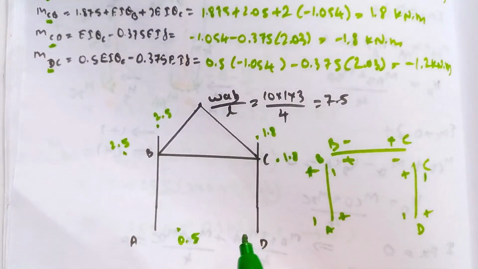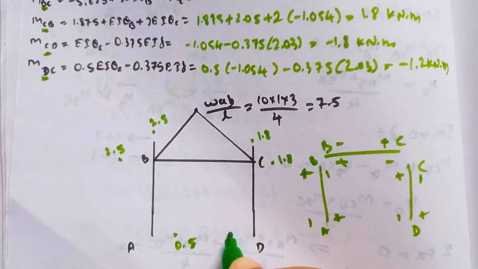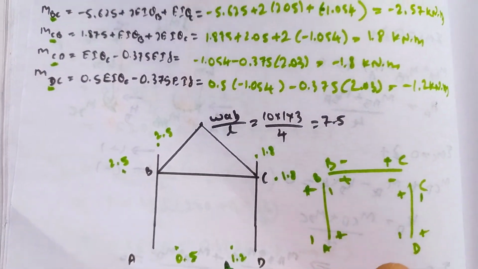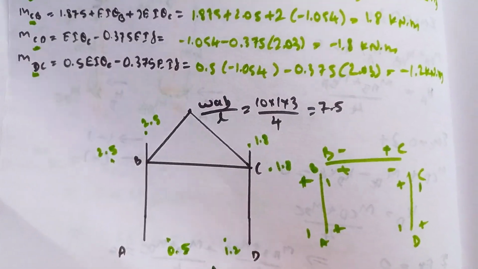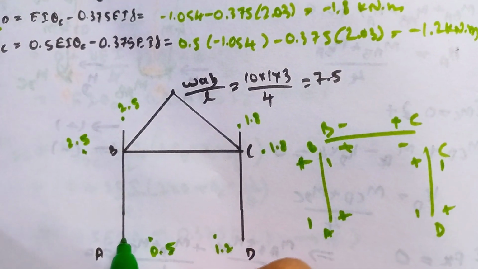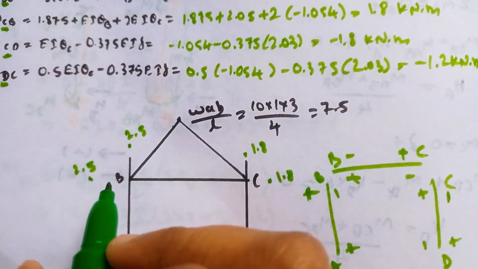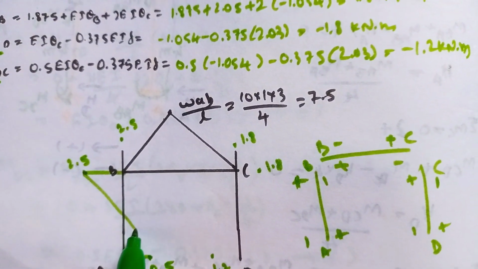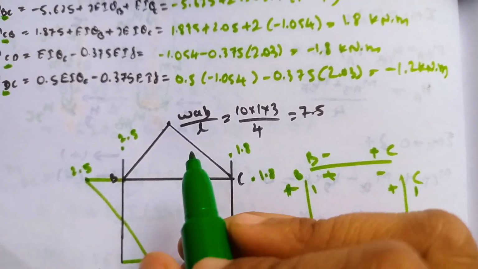Minus means it comes above the neutral axis, it means it comes here like this. Join all the lines. So join these points. The net bending moment diagram will be like this.